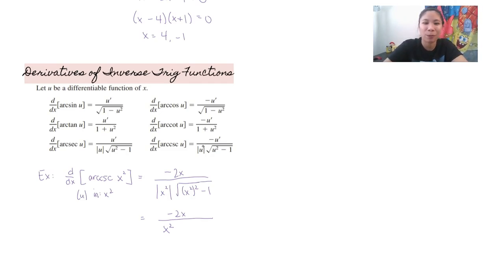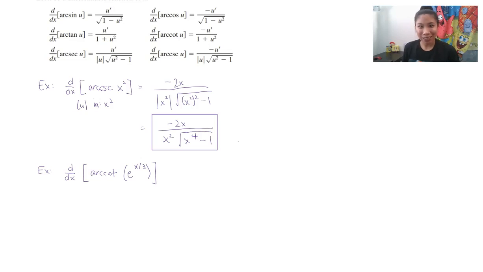Again, redundant. On the inside of the square root, I have x squared squared, which is x to the fourth, and then minus 1. So the derivative is going to be negative 2x over x squared times the square root of x fourth minus 1.